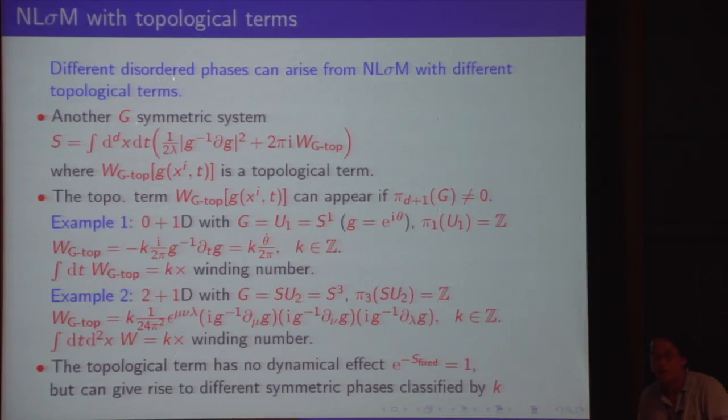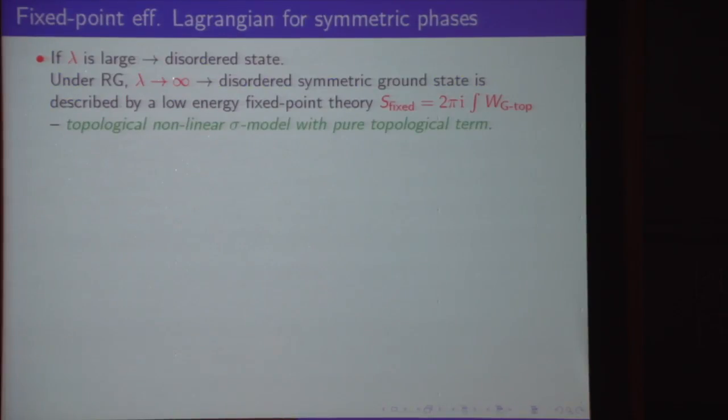In the last transparency, we said when lambda goes to infinity, the fixed point action is 0. Now we say when lambda flows to infinity, the fixed point is a 2π quantized topological term, and the 2π quantized topological term does not affect the path integral for closed space-time at least.